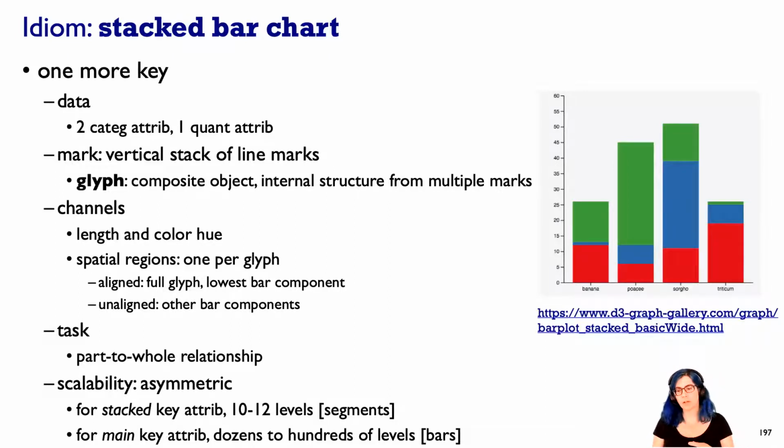So it's a much smaller number of attribute levels that's legitimate for that stacked attribute. Maybe 10 to a dozen levels could be reasonable, but a stacked bar chart with 40 different segments won't be comprehensible. So notably, an asymmetry; we're often interested in these scalability analyses of places where there are asymmetries.